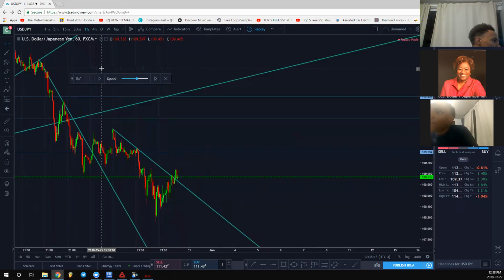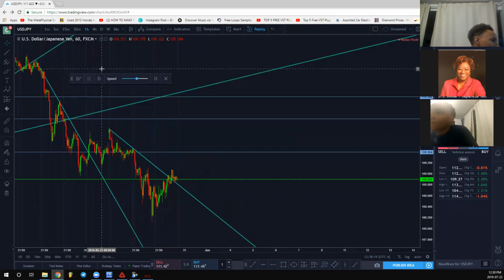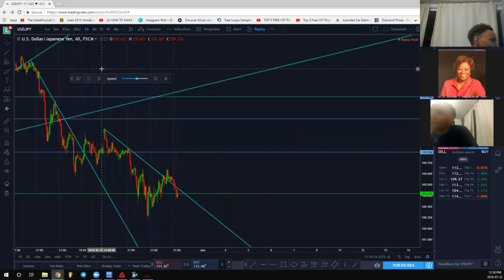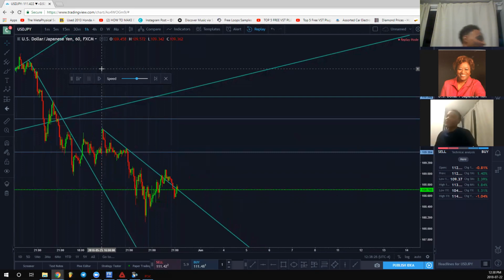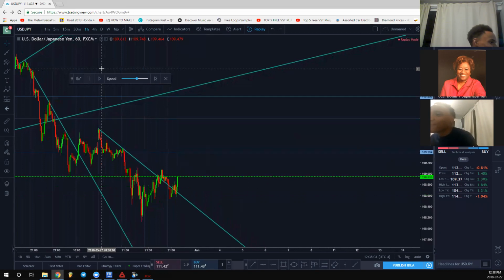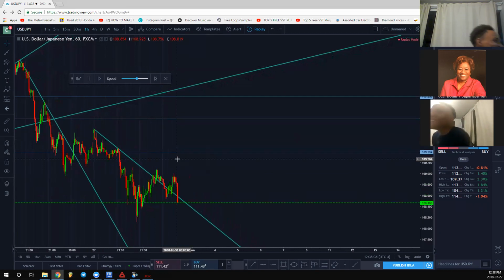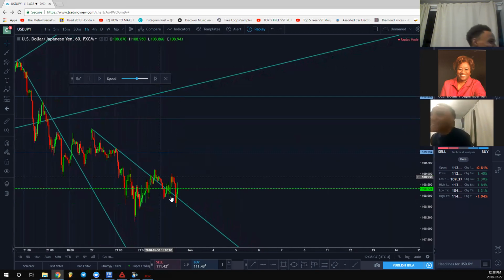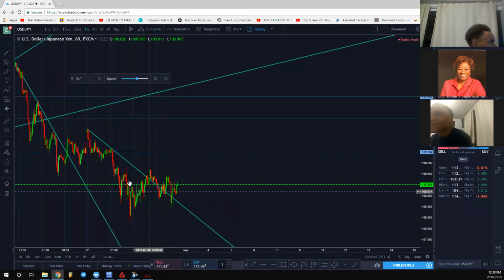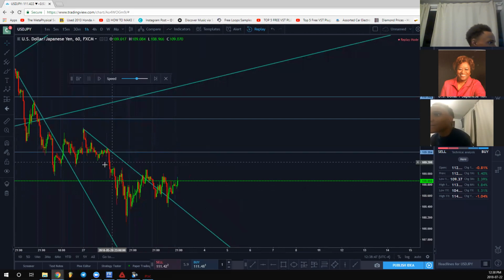Look at that. Right there. Boom. Boom. And this is just a bunch of sideways movement right here, because I believe that technically you could also add this into that one.